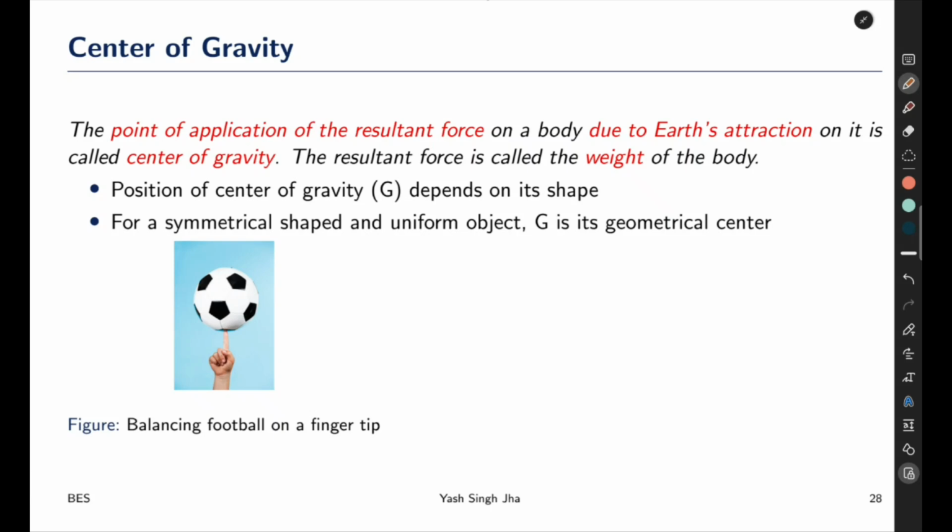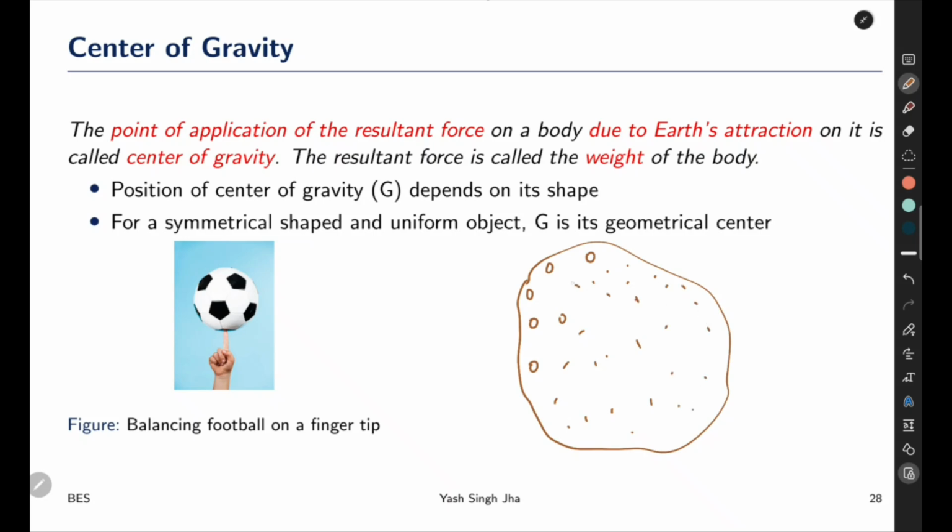Moving on, let's talk about center of gravity. Center of gravity is a term used by sports analysts and numerous other people in our daily lives. So let's understand what it really means. Let's say there is an object. Objects are made up of very, very small particles. Let's say these are the particles, and so on. Everywhere we have these particles, and each of these particles has a weight.